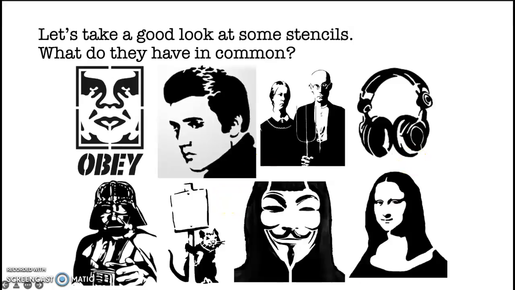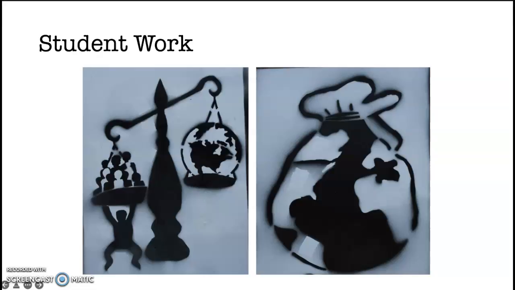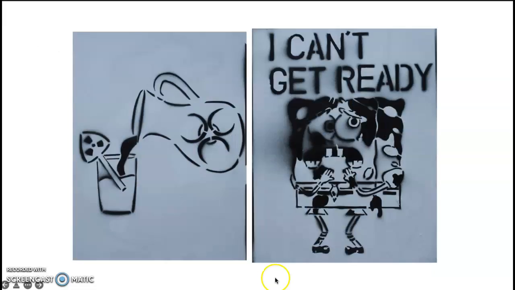So I'm going to show you a bunch of student work now. Here are some little comments on climate change or pollution, probably because it's a garbage bag, earth, and overpopulation. Poison in our water. So you'll see the little channels that were left to hold the stencil together. Still forms a pretty solid image.